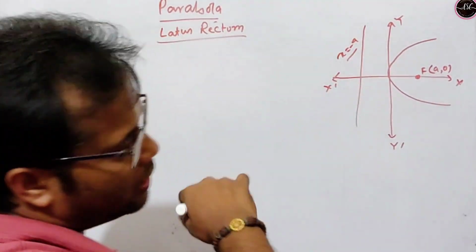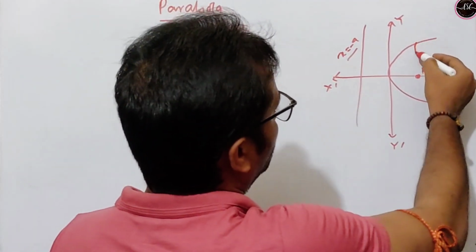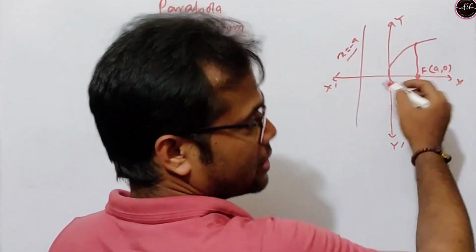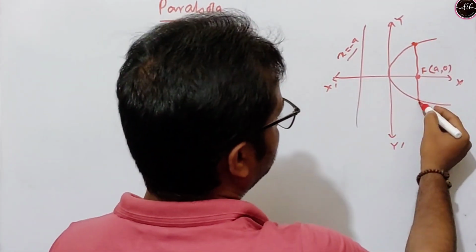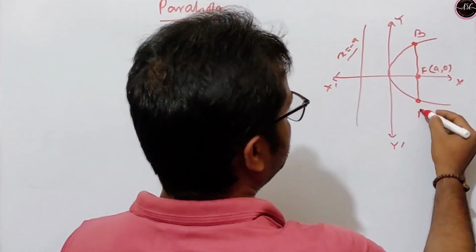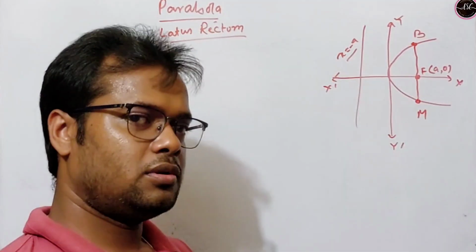Now what is the latus rectum? If we draw a perpendicular through the focus, and the endpoints of this line are on the parabola, let this be B and this be M, then this BM is called the latus rectum.